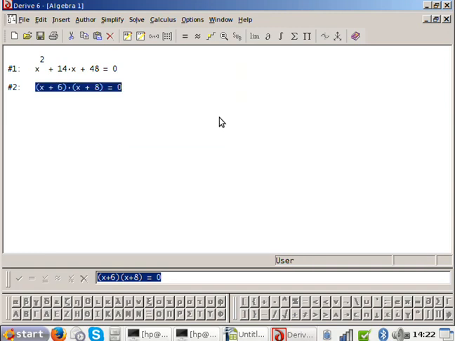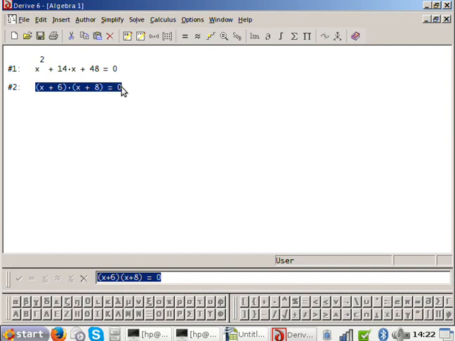Okay. So you might say, well, how does this give me the value of x? All I've done is found the factors. But think about this. If I have two numbers being multiplied together and the answer is 0, it's only because one of these numbers or both of the numbers is 0.